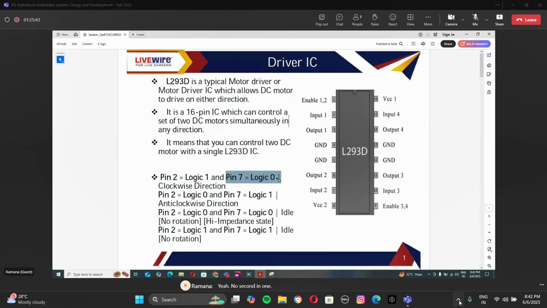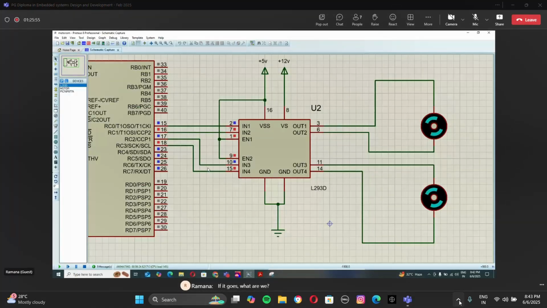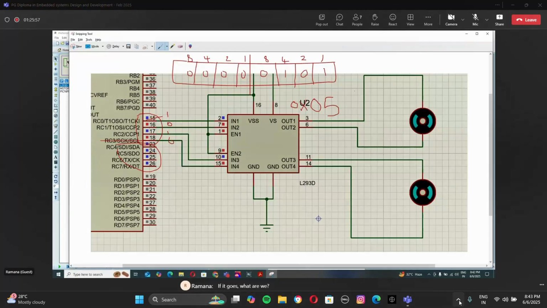So for the two inputs we are giving 1010. If you use it, what happens? The motor will run in clockwise direction. Okay. So 0x05, 1010 giving. So the motor will run forward. It's the same thing. Okay.